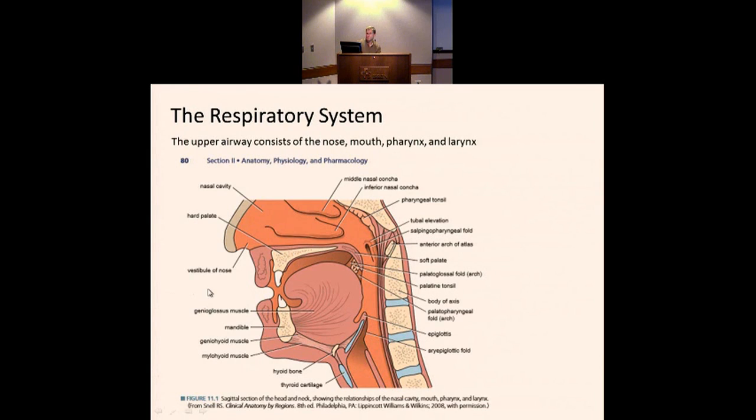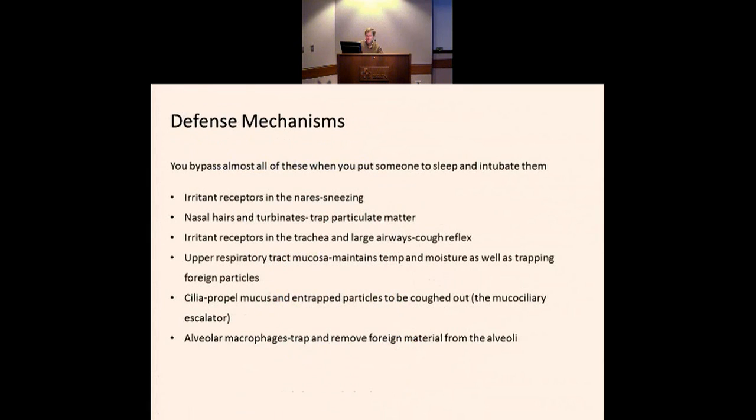So, respiratory system here. Started off here, when you take a deep breath, the first thing you do is go through your upper airway. It consists of your nose, your mouth, your pharynx, and your larynx. You can see those there. Just of note, when we're putting someone to sleep and intubating them, we're bypassing all of their defense mechanisms, all their receptors and your cilia and everything that goes on there.